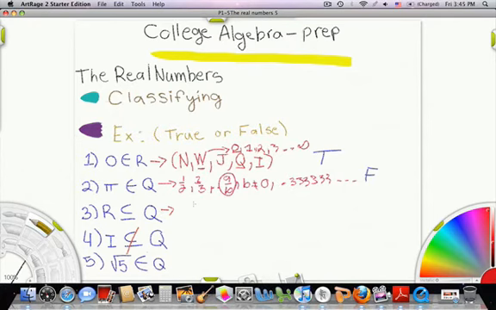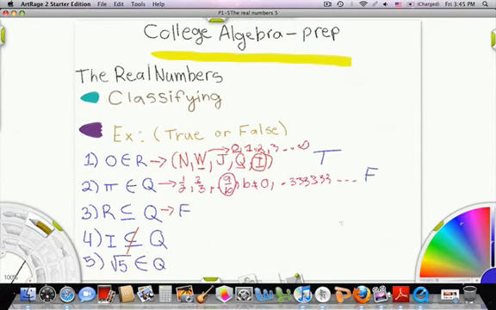So we know that in all these real numbers, irrational numbers are not found in rational numbers. So we could state that this statement is false.